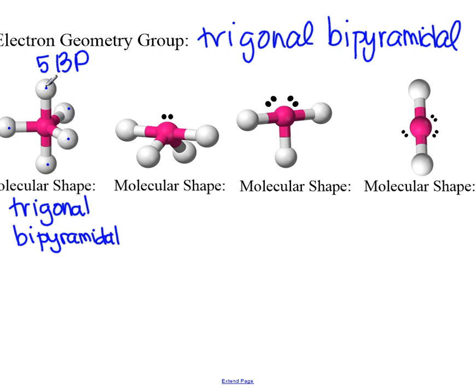Between the North Pole or South Pole and anyone around the equator, it's 90 degrees. Then you've got bond angles between the ones that are on the equator. If we think about a circle around the equator, circle means 360 degrees. We have 3 bonds around that 360 degrees. Here is 120.